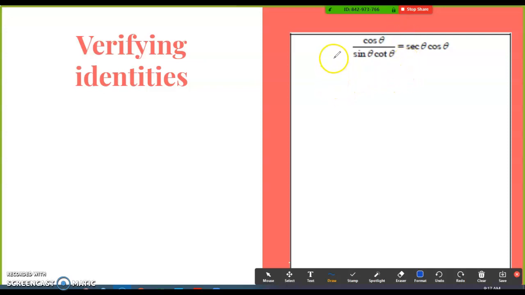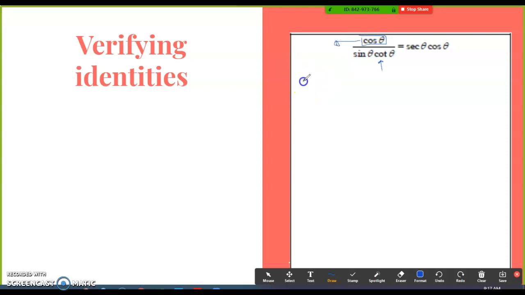So what I want to do when I look at this is again rewrite both left and right in terms of sine and cosine. That's the most logical thing to do. I noticed the left is one of those fractions that could end up being a super fraction because I got cotangent in the denominator here. So what I want to do is split this expression apart. I'm going to pull out the cosine in the numerator, put it in the front.